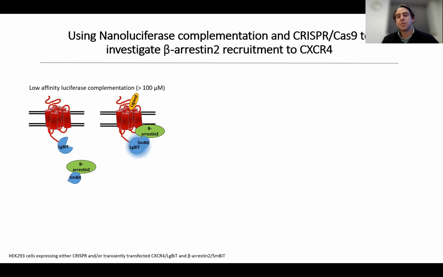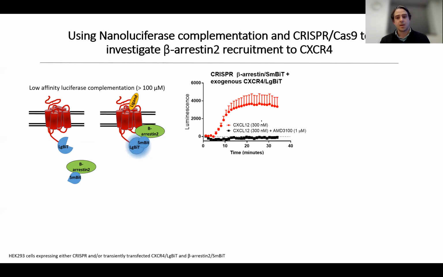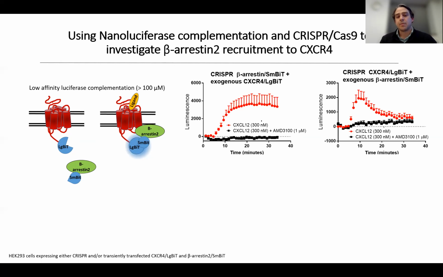So here what we want to do is use genome editing to decipher what effect changing the relative stoichiometry of either receptor or arrestin had on the kinetic profile of recruitment as well as the pharmacology. For this, we set up a number of different assay orientations. Here we have a genome-edited cell line with CRISPR-edited endogenous beta-arrestin being recruited to overexpressed CXCR4.